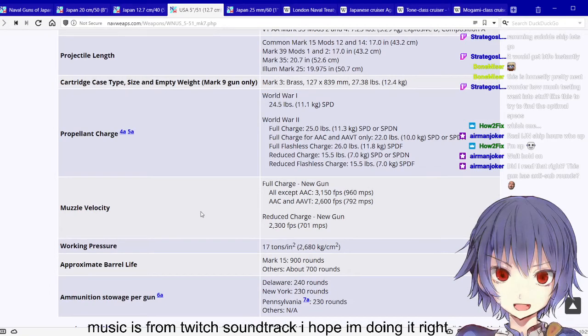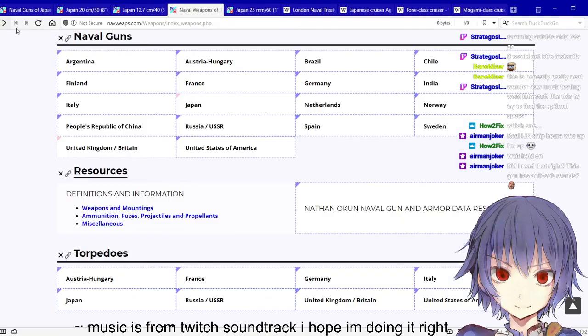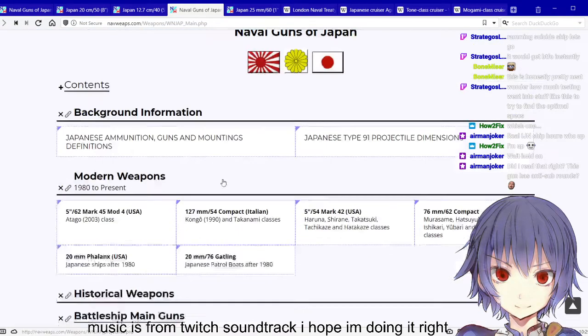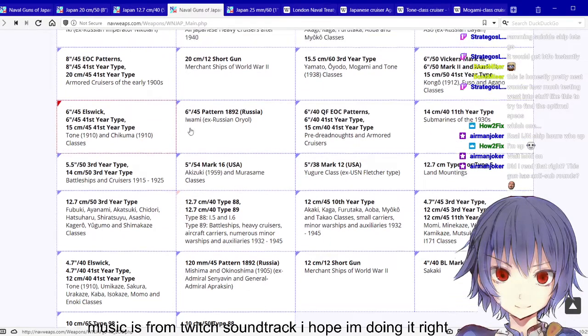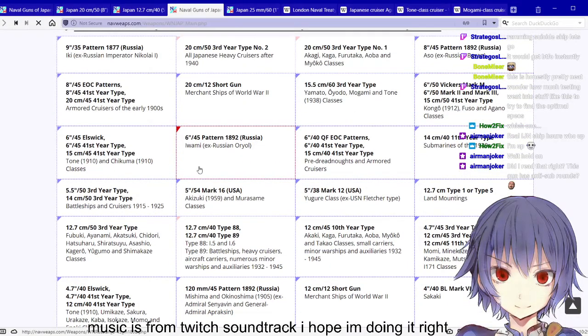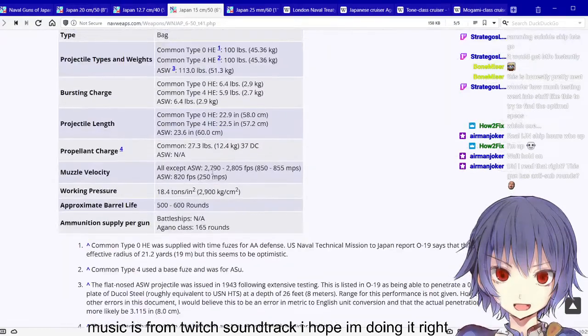So basically the way that the anti-sub round worked, I cannot find it on here. Is it Japan? Maybe it's just all the Japanese guns. I think these ones have it.